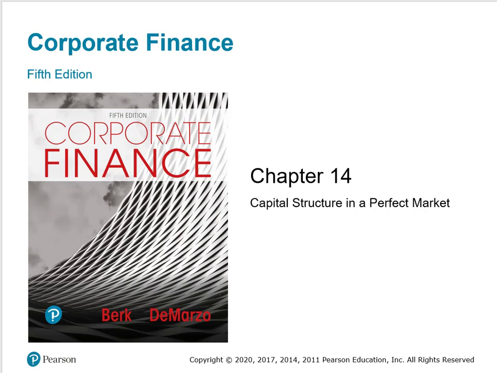So we're going to start with a capital structure theory that assumes a perfect market. We'll define that a little further later on, but essentially this is a market that has no taxes, among other things. This is the primary characteristic that we're interested in when we think about financing.